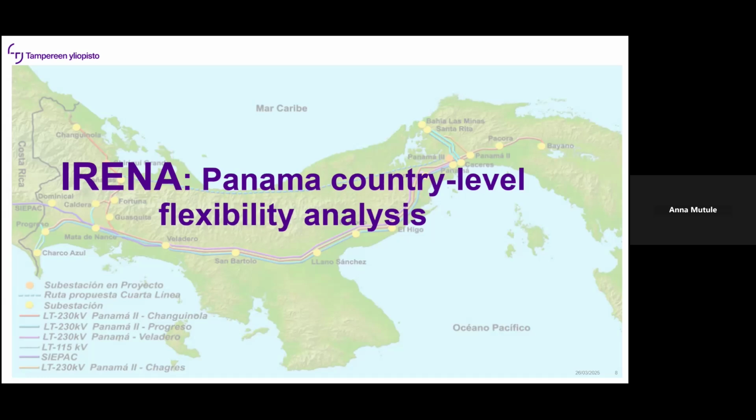One example: IRENA initiated this feasibility study, and VTT used its energy system modeling tool for this purpose.